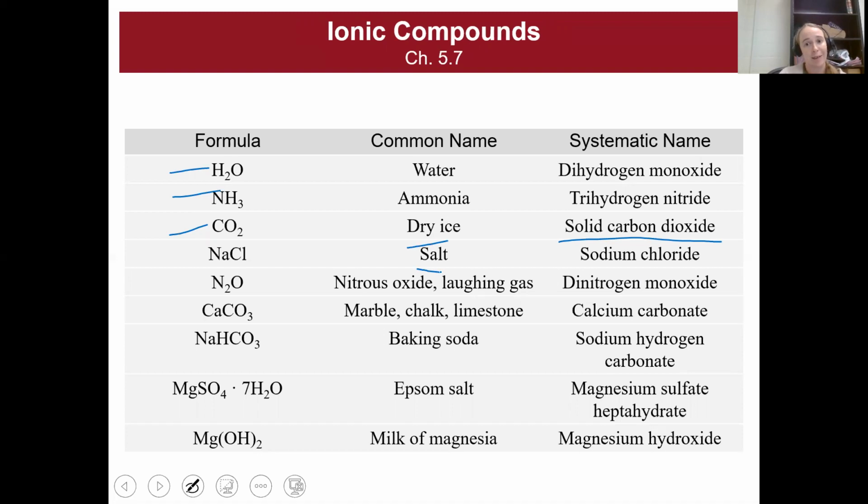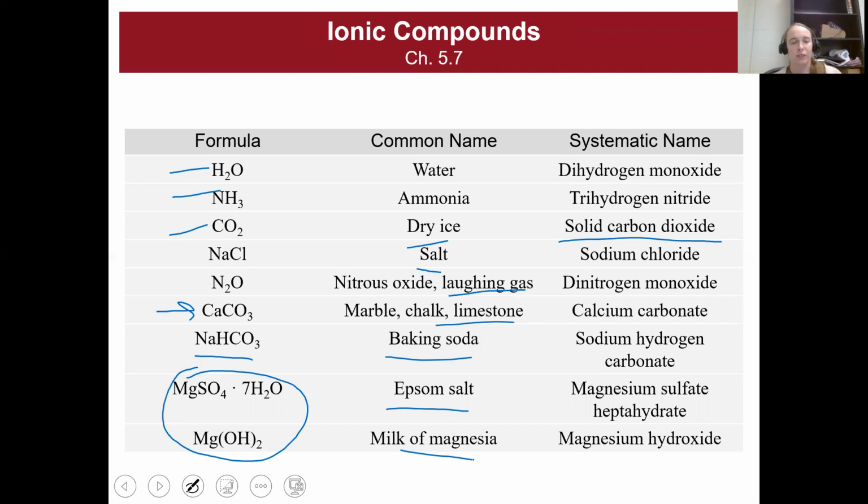Nitrous oxide is laughing gas, which they use at some dentist's offices, I think. Calcium carbonate, like I said before, is limestone. Here's our sodium bicarbonate, which I said before is baking soda. And then a couple weird ones with magnesium. We have Epsom salt and milk of magnesia, which you might have heard of, but you might not have, because those are older, more herbal remedy type things for different diseases or injuries.